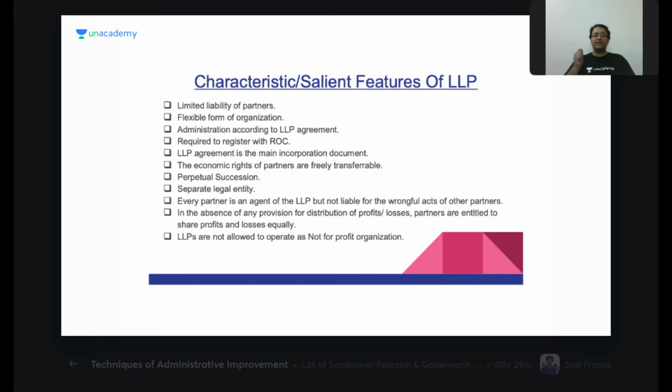Then this form is submitted to the Registrar of Companies under the MCA. So it becomes the Bible for the particular limited liability partnership.